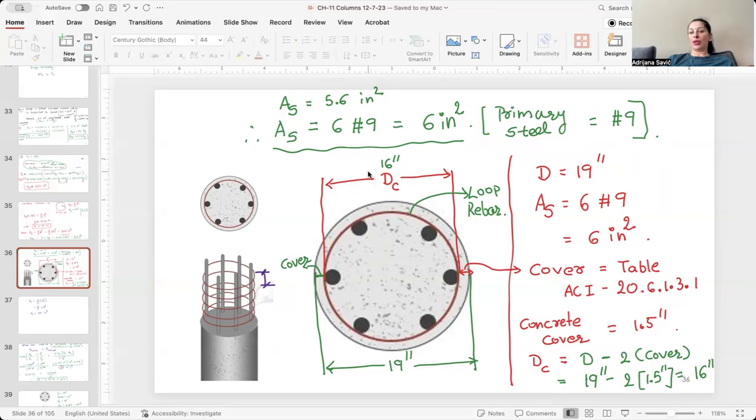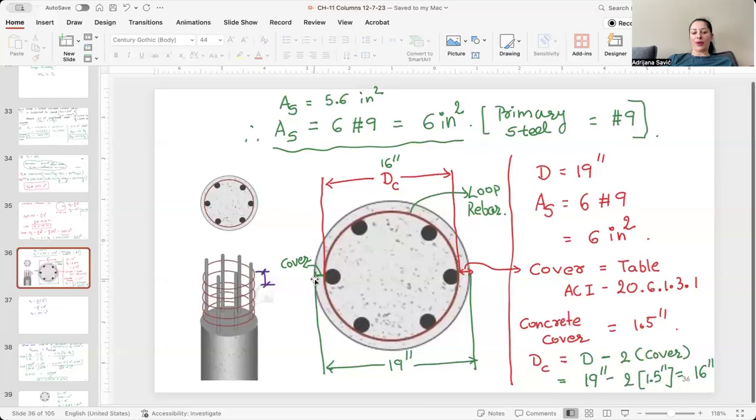Now we need to determine the secondary steel and the spacing or the pitch. Firstly, we need to determine the core diameter. If we use a concrete cover of 1.5 inch, our core diameter will be 19 minus 2 times 1.5, which gives 16 inch.